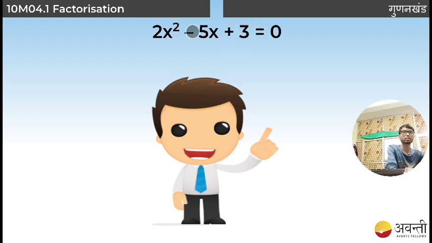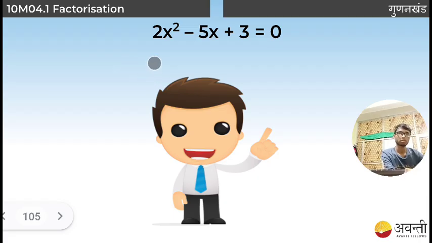But if no, then we can say there is no solution for this. How much should we put here? X as how much? I think 4. 2 times 4 is 8 minus, but hold on, there is also 2, so 5 times 2 is 10. No.